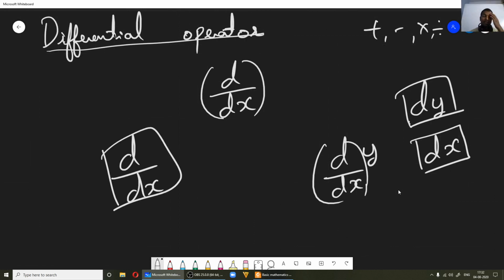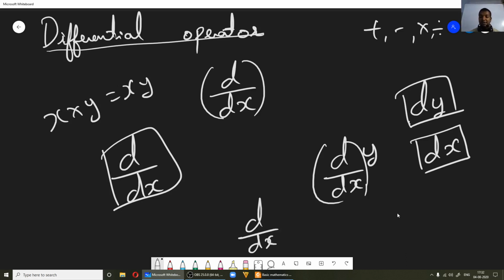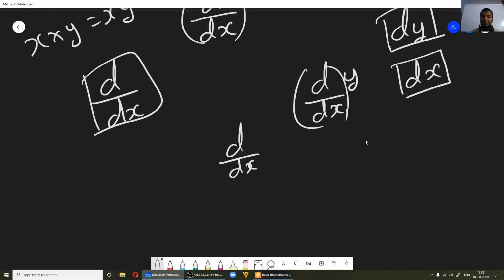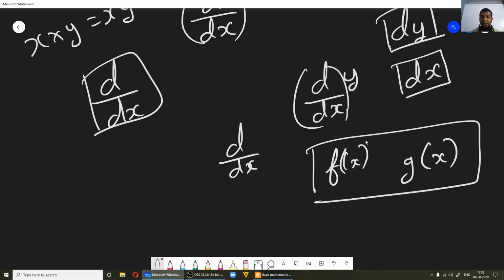You just consider that, in algebra, when you multiply x and y, we simply write it as xy, right? Just treat it that way. Now d by dx of, say, you have some function f of x, or you can say you have one more function, g of x, right? Both are functions of x only.